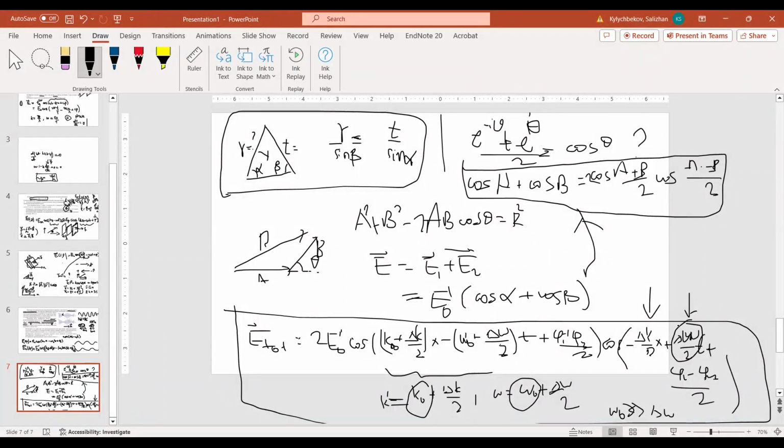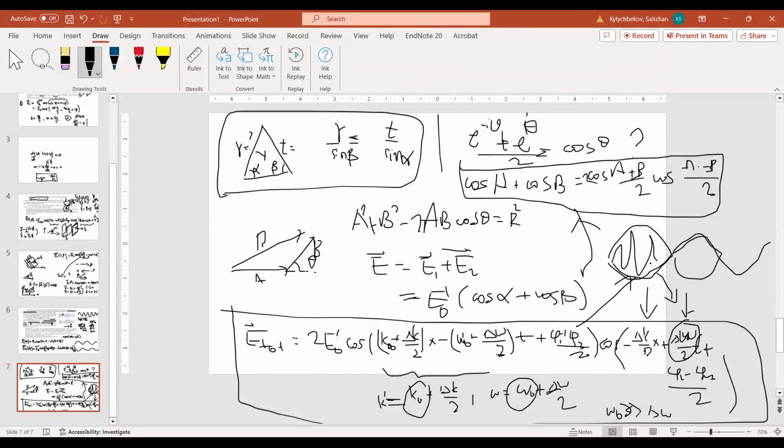When you take the envelope, the fast oscillating term defines it like this, while the slowly oscillating term is governed by this because it is slow. There are two things. You can leave it here in the solution.